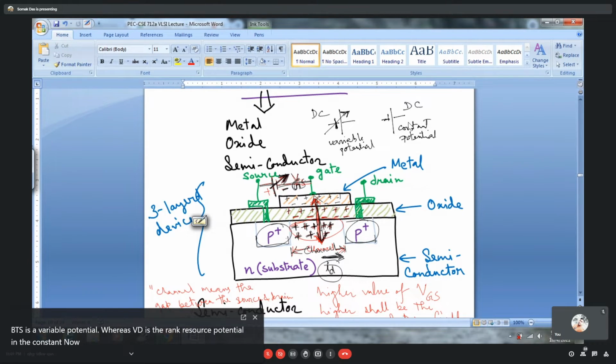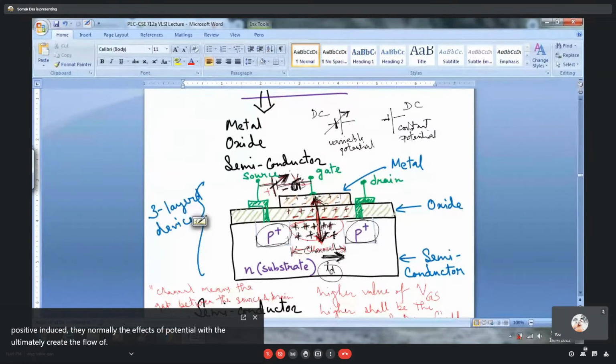Now, if you do not provide any VGS value, only provide VDS value, nothing will happen, because VGS is the determining factor. This is the control potential, which ultimately controls the creation of electric field intensity through this channel, perpendicular to that of the channel, and thereby inducing positive charge carriers within the channel. Once the positive charge carriers are induced, then only the effect of drain to source potential will ultimately create the flow of drain current through the channel.